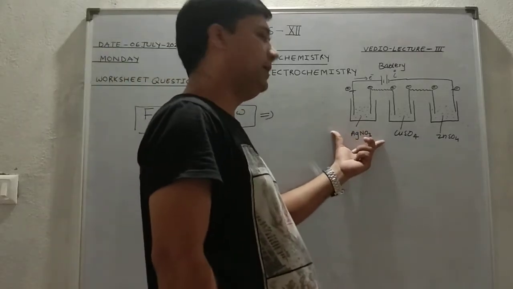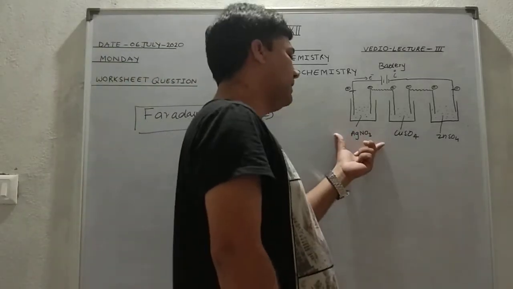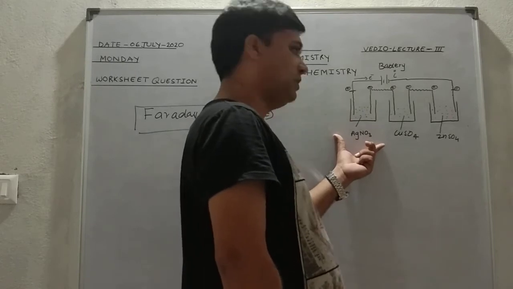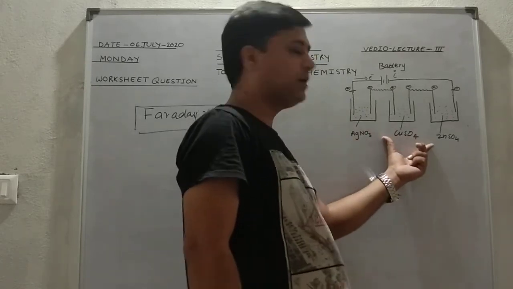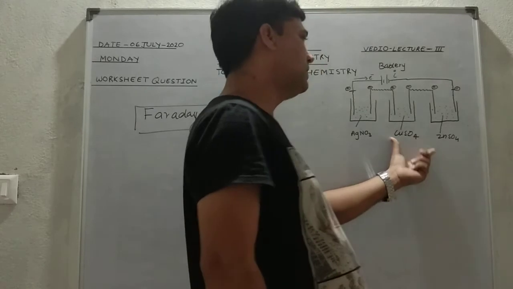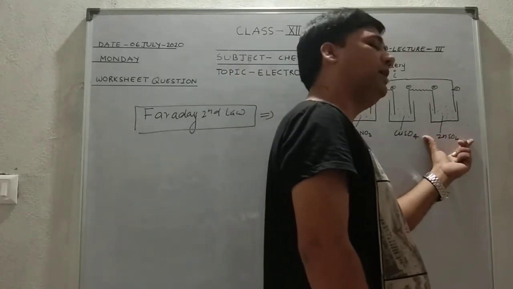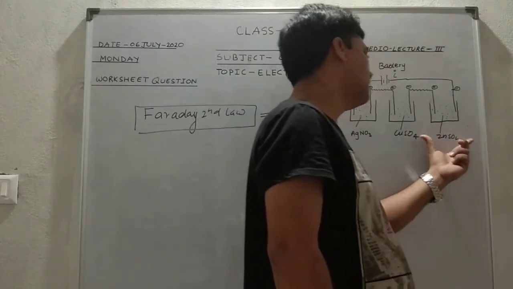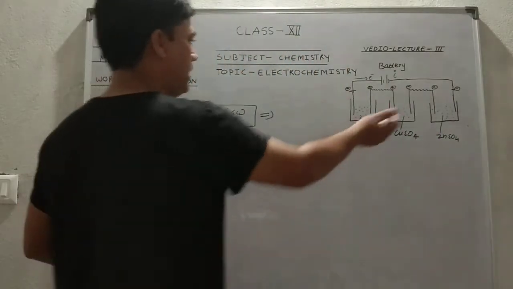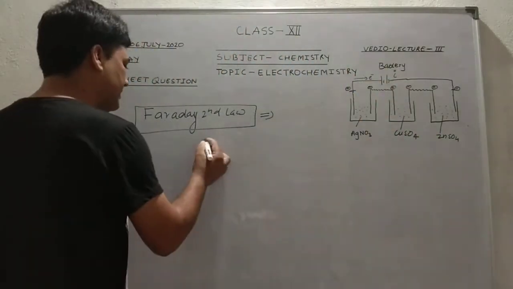There are three containers. One container contains AgNO3 electrolytic solution, the second contains CuSO4 electrolytic solution, and the third contains ZnSO4 electrolytic solution. All electrodes are connected in series.